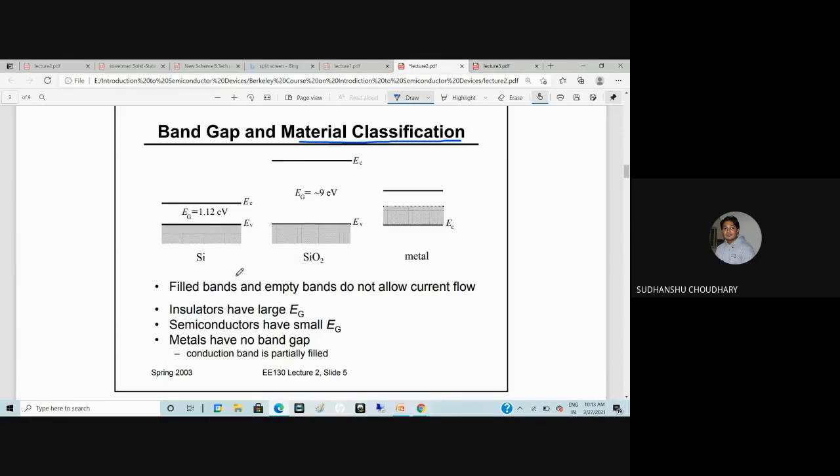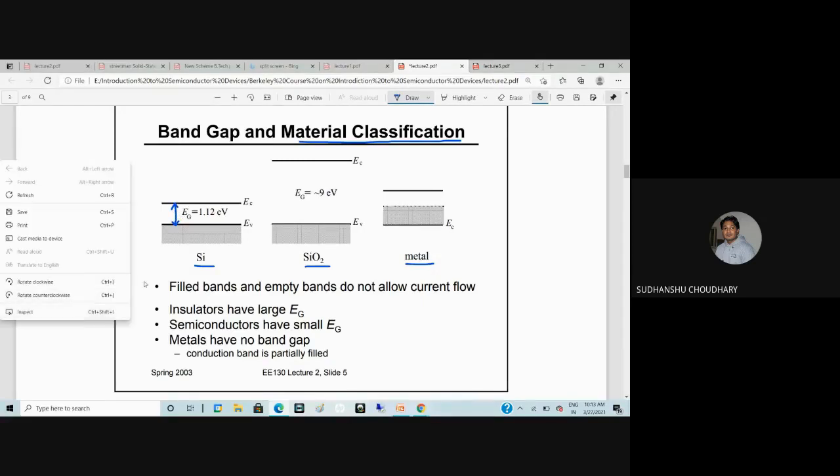For example, I have here the energy band model of silicon, which is a semiconductor, energy bands of silicon dioxide shown over here, and energy bands of metals shown over here. Silicon is a semiconductor which has a band gap. This is my band gap over here. The valence band and conduction band are separated by 1.12 eV of energy, right?